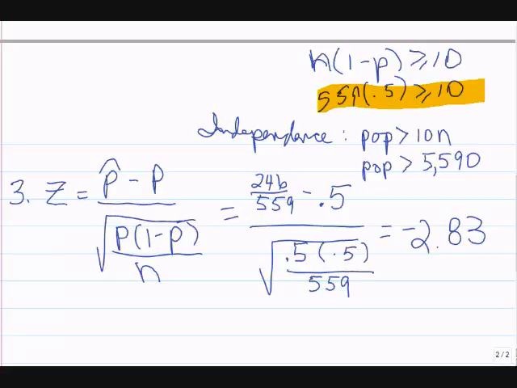So everything on the top of the fraction, if you put it in a single parentheses, you don't really have to worry about your fraction because order of operation will do that fraction first. And then you hit the divide, and then you hit the square root, and then you can just put 0.5 times 0.5 divided by 559. That follows order of operation. You should get the negative 2.83.